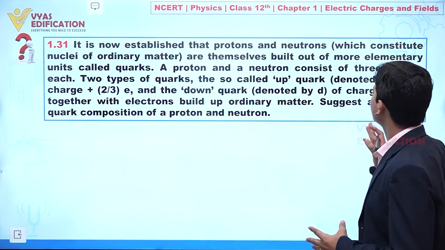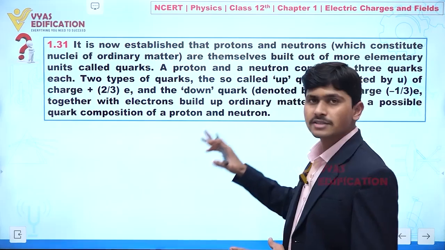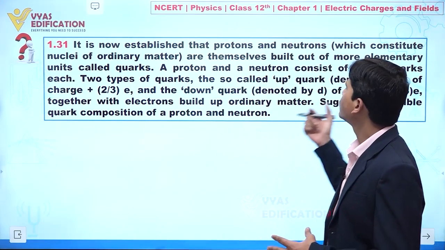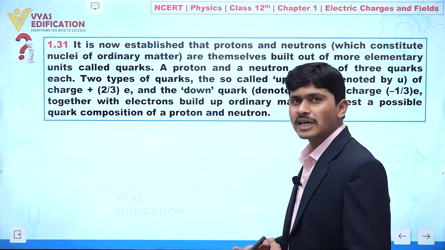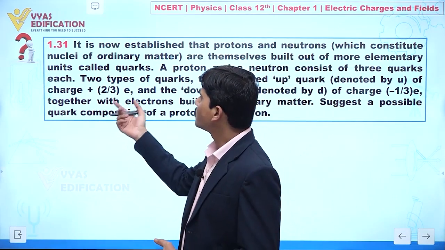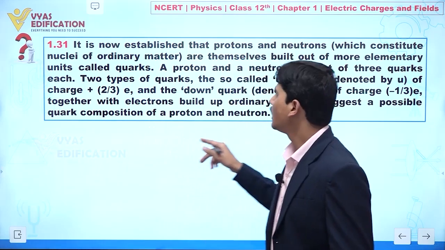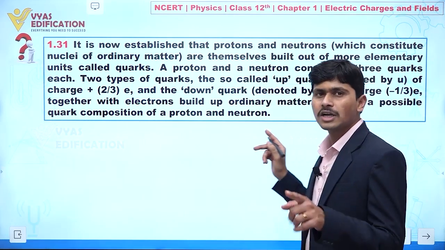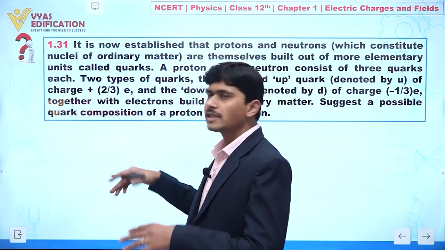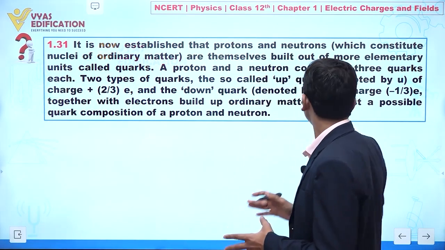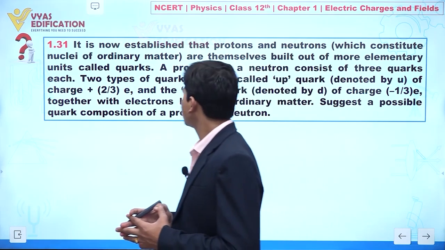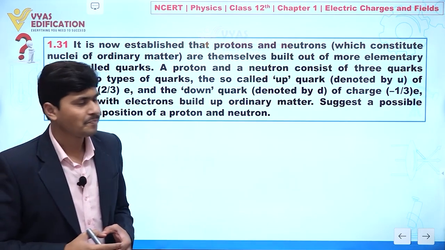A proton and a neutron consist of 3 quarks each, of two types, the so-called up quark and down quark, with charges plus 2 by 3 e for the up quark and minus 1 by 3 e for the down quark. Together they build up ordinary matter. So suggest a possible quark composition for a proton and a neutron.